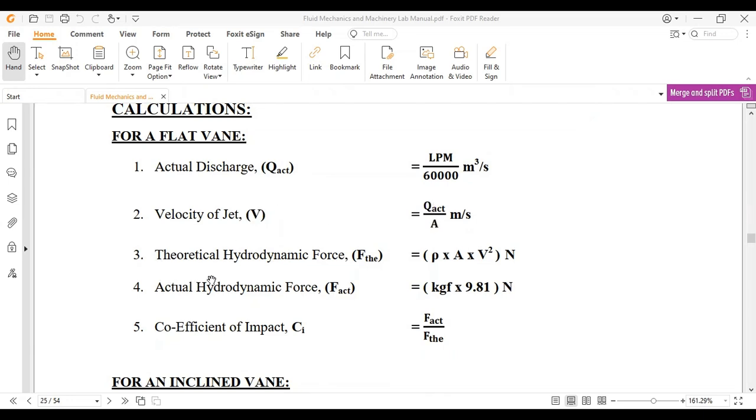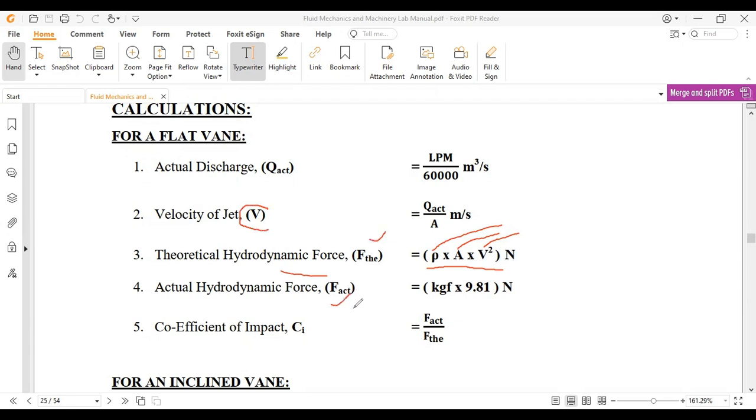Here is the theoretical hydrodynamic force equation: rho into area into velocity square. Rho is the density of the water, A is the area of the nozzle, and V is the velocity obtained from here. So this is the theoretical value.